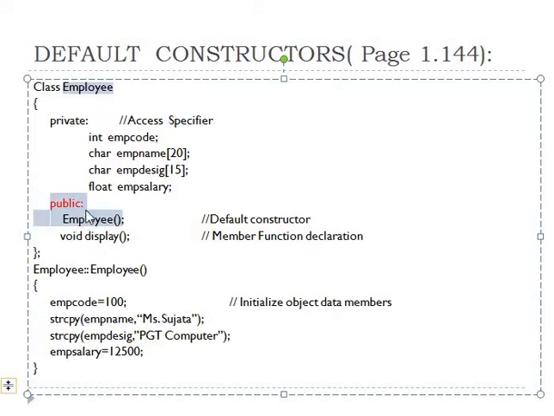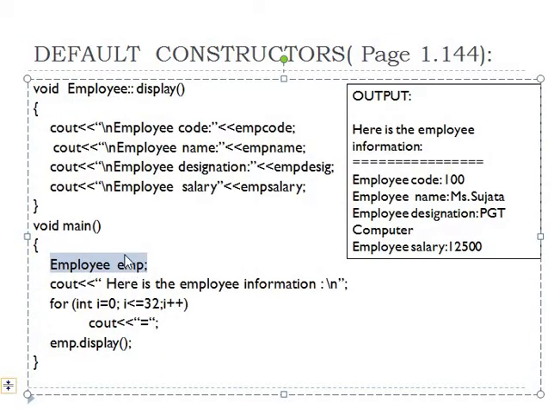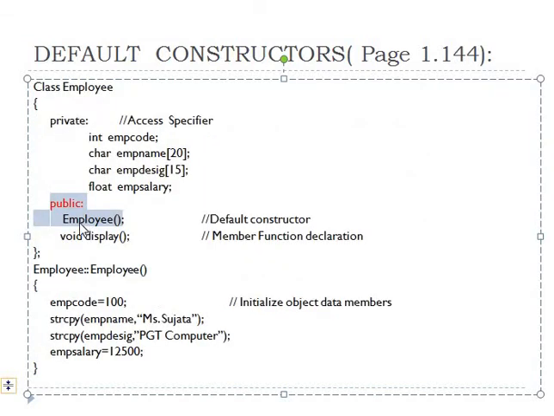Now once the access specifier for the constructor is public, as soon as I create the object out of this class, the compiler can automatically invoke this constructor as it has been declared as public.